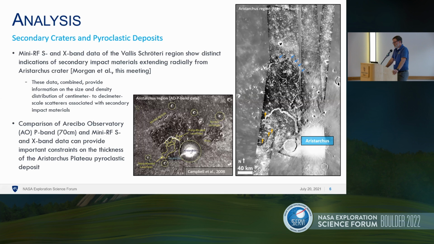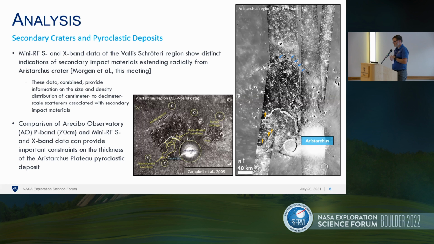And we can see a lot of clear features demarcated, I should have found a better word than that, in the radar data, right? You can clearly see the boundary of the pyroclastic deposit with surrounding terrain, but we also can see a few other things. So the blue arrows were that boundary with the pyroclastic deposits.